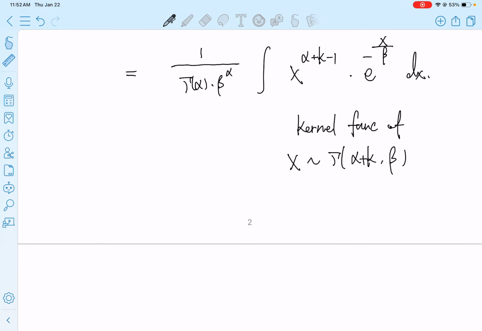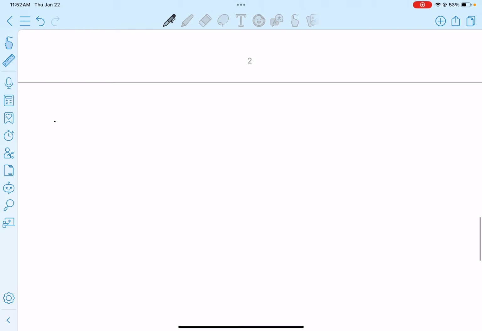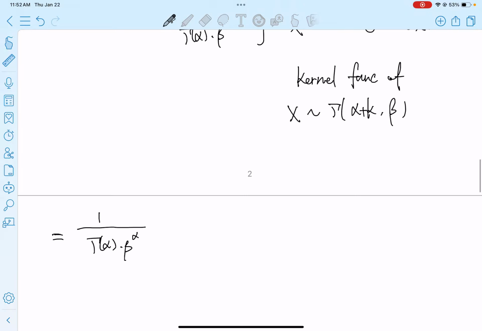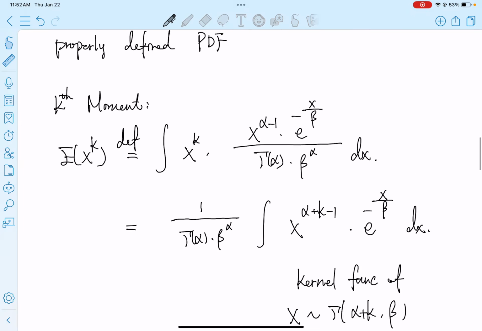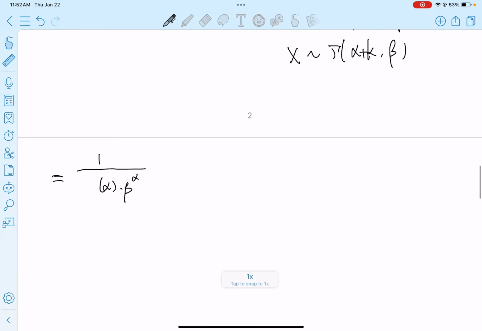So what we can do here is introduce a new normalizing constant in the following way. Let's continue, and then we have the constant that is the denominator of the density function for the gamma distribution with alpha plus k and beta.